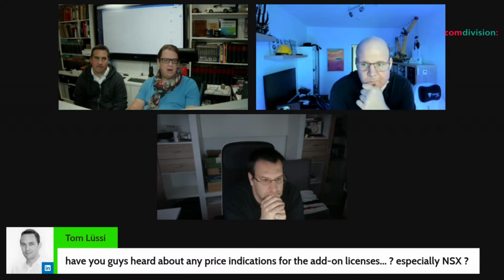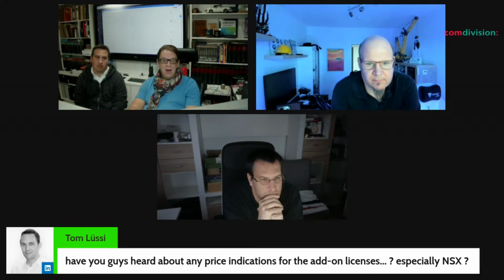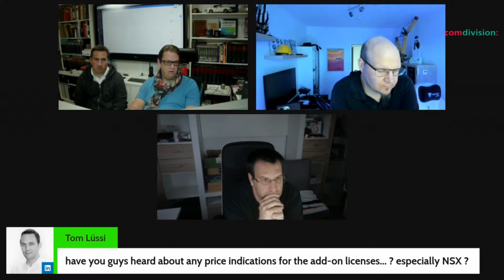And then you can apply the discount, which has been provided to you as a service provider, and then you know what the add-on is actually going to cost you. We don't have that in writing, but according to all the simplicity rules by Broadcom, which basically say only one SKU, very simplistic model, I'm pretty sure that that's going to be exactly the way it is.